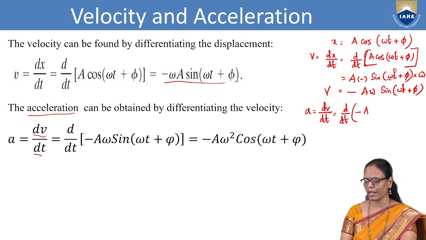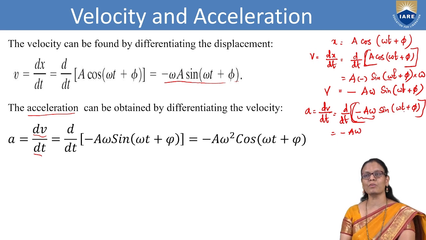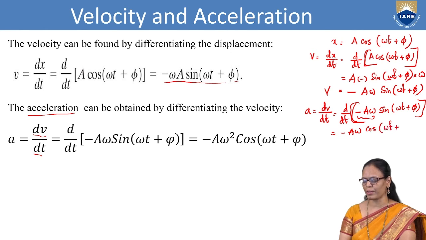What is v here? Minus a omega sin omega t plus phi. I will put the constants outside, minus a omega. Now d by dt of sin omega t plus phi. Derivative of sin is cos, so cos omega t plus phi into omega. For omega t we get omega.